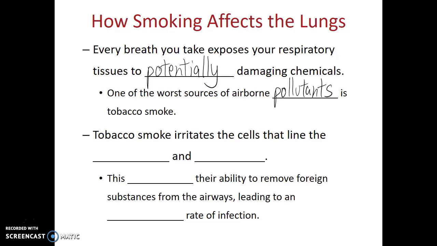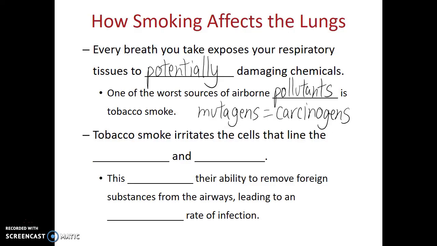Now, the actual molecules we're talking about here are known as mutagens because they cause mutations, or carcinogens, because any molecules that cause mutations, if those mutations happen in the genes that control the cell cycle control system, can also cause cancers.